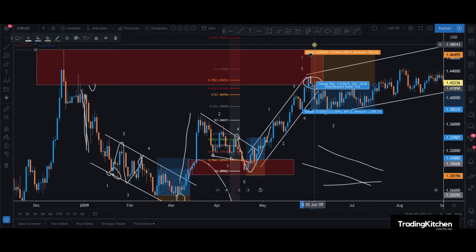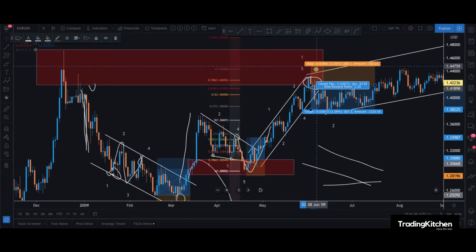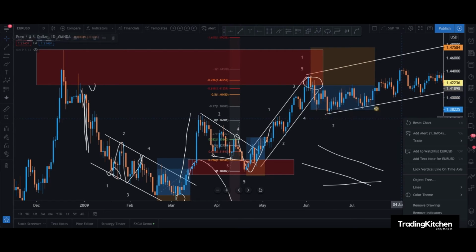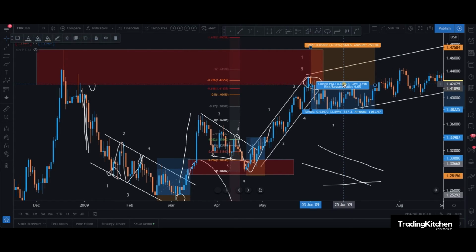So here, stop loss will be here, so this is not good for us, because risk reward is lower than 1. Usually the risk reward will be at least 1 to 2. So you invest 10 to have 20.